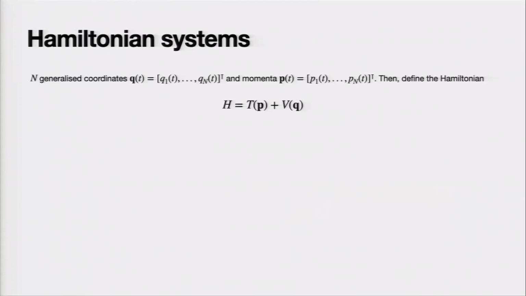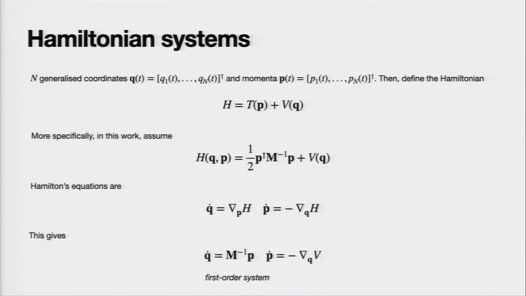There is a kinetic part called T, and a potential part called V. And you see, we're already kind of making an assumption here on the form of the Hamiltonian, because we're assuming that the kinetic energy is only a function of p, and that the potential energy is only a function of q. This is not the most general form of the Hamiltonian systems, because you might have Hamiltonian systems where the kinetic part, for example, is also a function of q, or the potential is also a function of p.